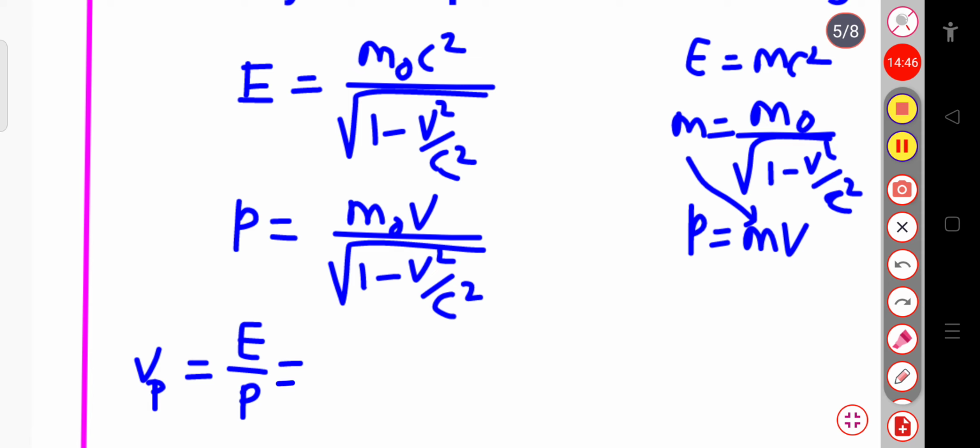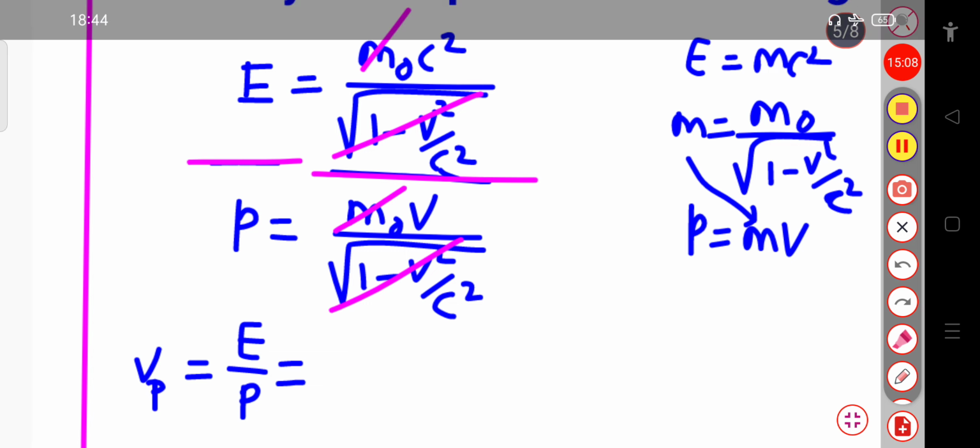Now if I divide these two terms, the root over 1 minus v square by c square and the root over 1 minus v square by c square will get cancelled. If I divide this E by P, again m naught will get cancelled with this m naught.